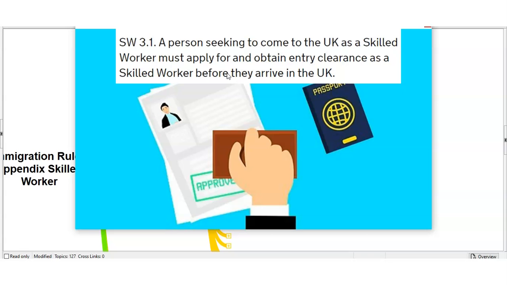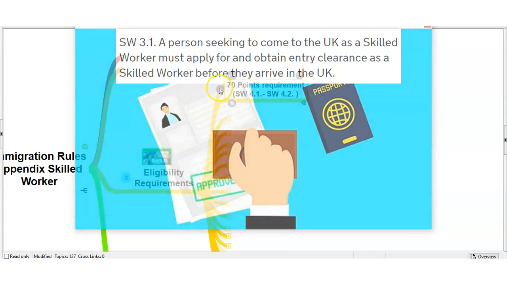What this means is simply you need to get a visa before traveling to the UK, even if you are on a non-visa national list, or even if you are an EU citizen who wants to enter the UK after 31st of December 2020. You will need to go to the British Embassy or the British High Commission, one of their visa application centers, and follow the procedure. You need to get this permission in the form of entry clearance in order to enter the UK.